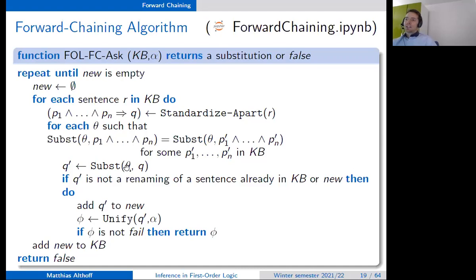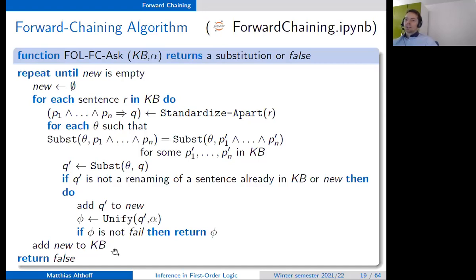And again, we have to perform all the possible substitutions on Q to obtain Q prime. If Q prime is not a renaming of an existing sentence already in the knowledge base, then we add Q prime to the set of new sentences. Then we unify Q prime with alpha, the thing we wanted to prove. If this is not a fail, then we have proven that alpha is correct.